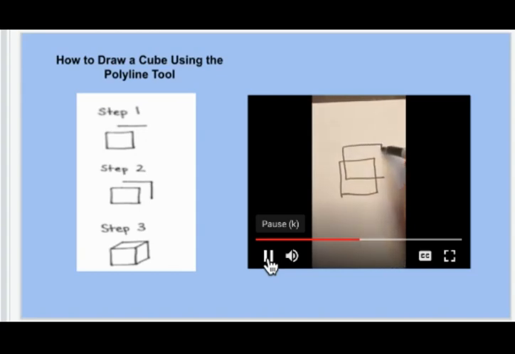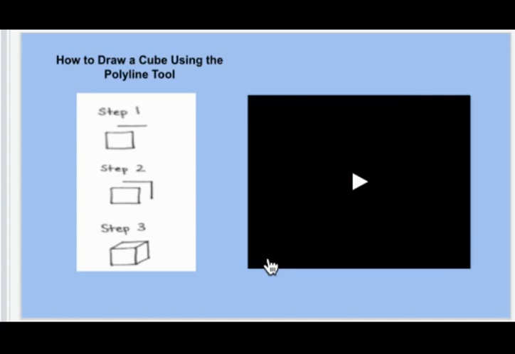Then I draw another square slightly above it. And then I connect all of the corners together, like so. And voila, there you have a cube. In case technology ever fails you, you have a backup that you can do on paper.